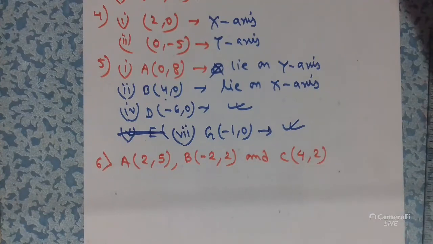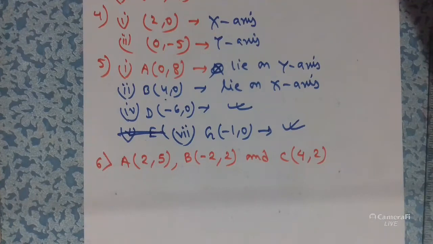These 3 points are given on a graph paper. So we have to plot these points on a graph paper, and after this we have to join AB, BC and CA, and then calculate the area of triangle ABC.